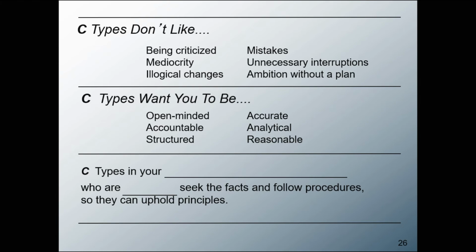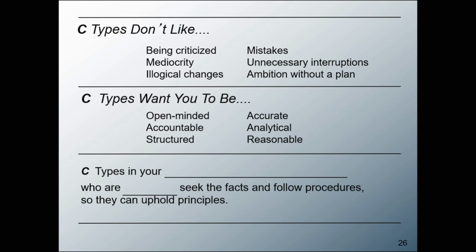They want you to be open-minded. They want you to be structured. If you have something to present, you present something. If you have a C-type personality, a dentist or doctor, and you present a new way of doing things, or you present a solution, you want to be structured. It has to make sense. You have to follow a certain procedure.